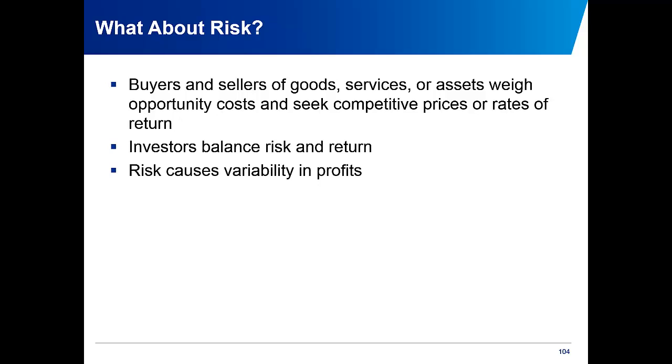Risk inevitably causes variability in profits, which, when we're using a method like the transactional net margin method or the comparable profits method, can be problematic because we may see a wide variation in profitability, which will make it very hard to determine whether, well, one, our range of observed profitability levels might be quite wide, which would mean using the profitability of that party to determine whether you think the transfer price is correct would be less reliable.